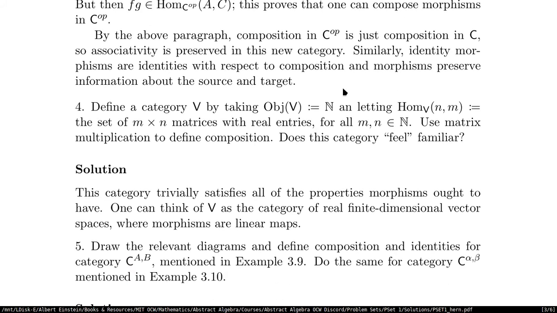Yep. One can think of V as the category of real finite dimensional vector spaces. Exactly. So this is the thing that you have to find out in relation to linear algebra. So this V is actually a finite dimensional real vector space, and the morphisms are the linear maps you have in vector spaces, right?